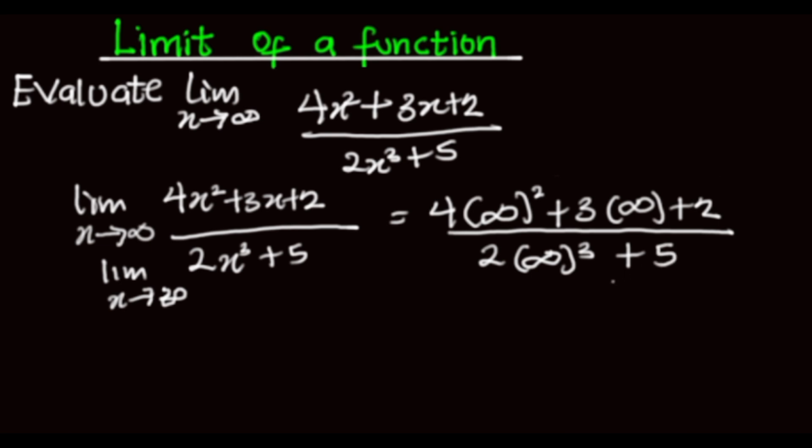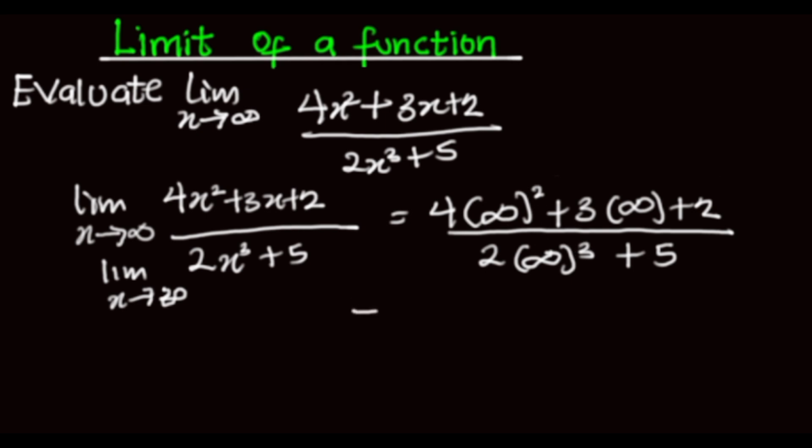Infinity simply means a very large number. So we are now having 4 multiplied by infinity squared, plus 3 multiplied by infinity, then plus 2. Instead, we are going to replace this by 0, because infinity is a large number, so we can just represent it as 0.